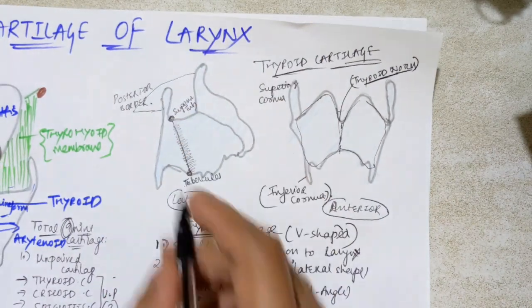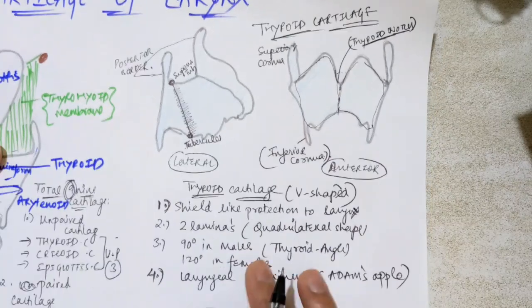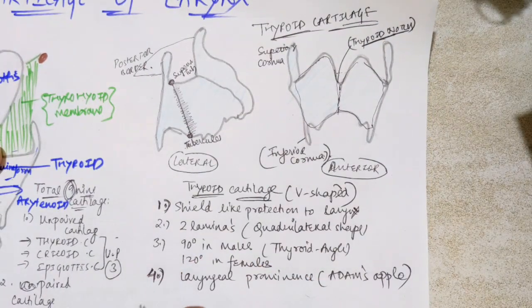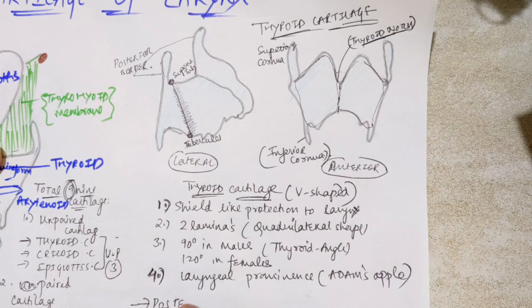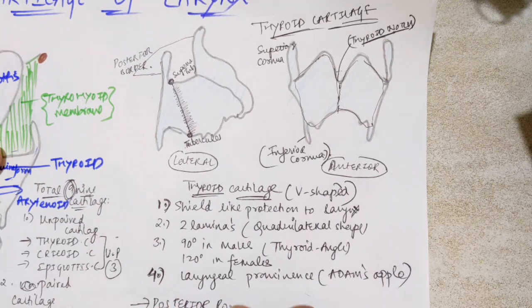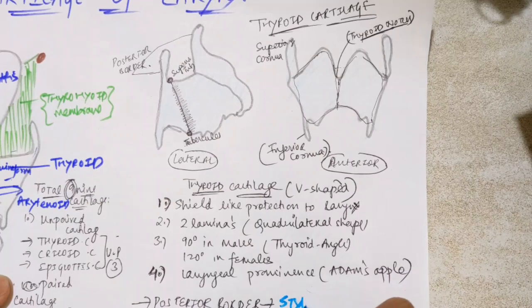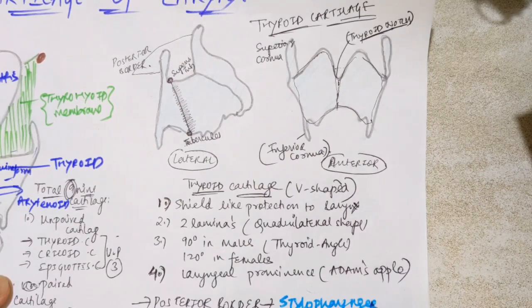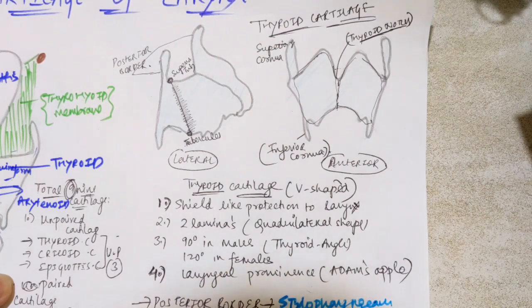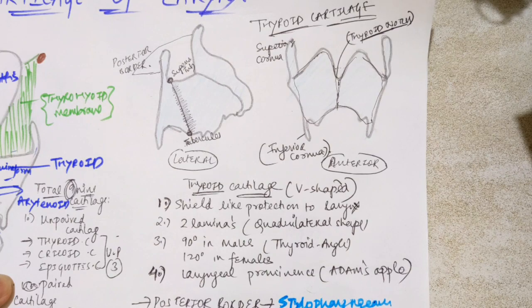I'll be telling you some important points related to the oblique line and posterior border, and the muscles attached here. First I'll discuss the posterior border. In the posterior border, three muscles attach. The first is stylopharyngeus, the second is salpingopharyngeus, and the third is palatopharyngeus.